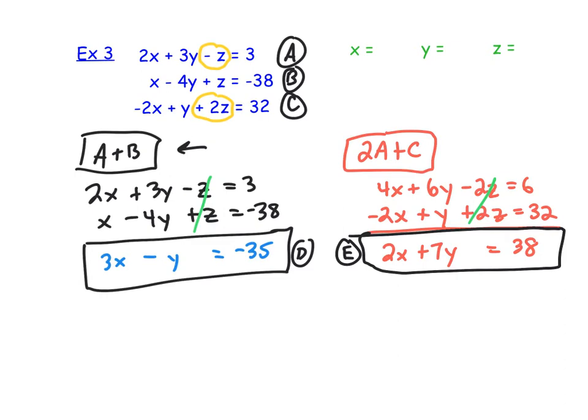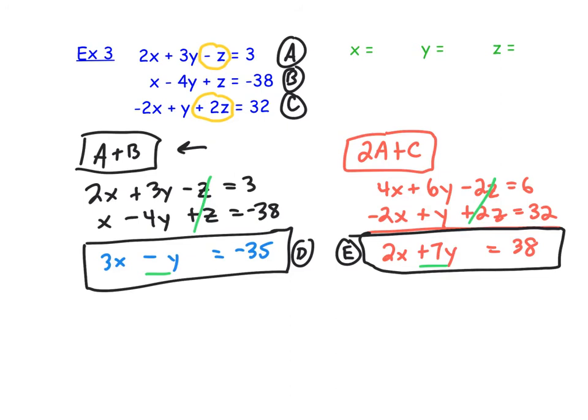I want to get rid of either the x or the y by doing some sort of elimination method here. We could also probably use substitution if we really wanted to. Either one would be fine. What I'm going to do is I notice that I have a negative y and a positive 7y.